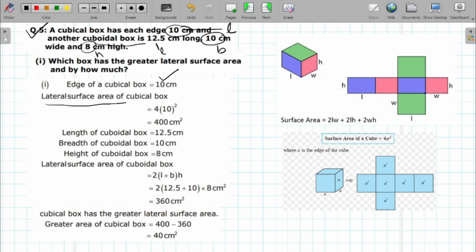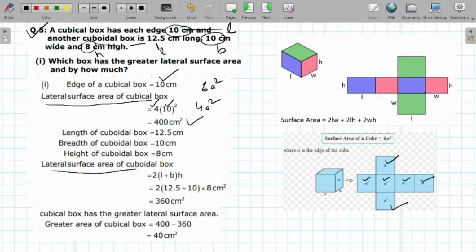Lateral surface area of a cube: total is 6a square, but we are not including top and bottom. So what is left? 1, 2, 3, 4. So 4a square. Here is 4. A means 10. So 400 centimeter square.